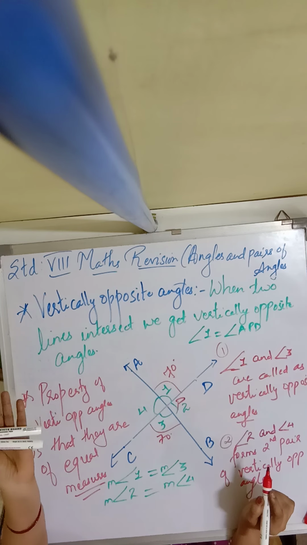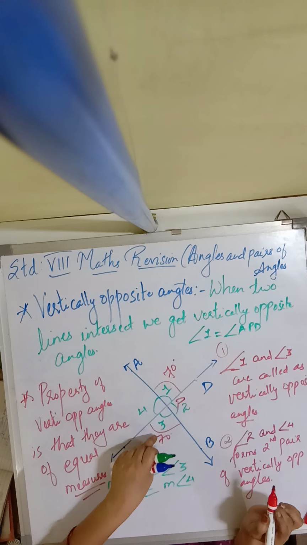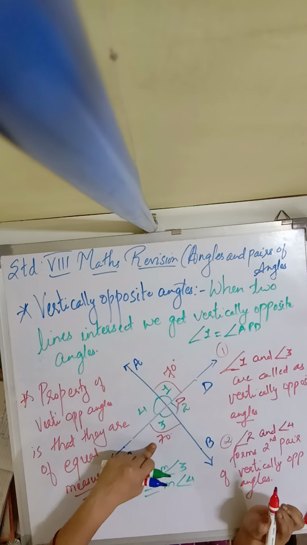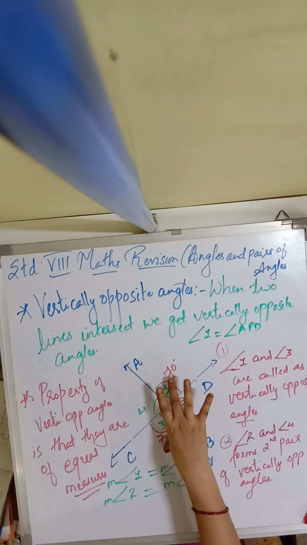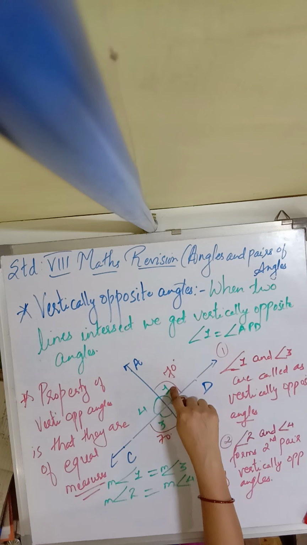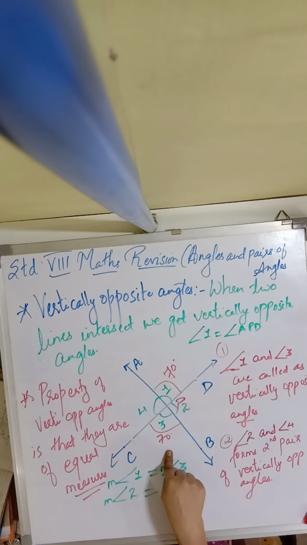So if this angle is 70 degree, then the angle opposite to that, that is angle 3, also will be 70 degree. Now here we have got one pair of vertically opposite angles. Suppose angle 1 is given, it is 70, so my angle 3 is also 70.